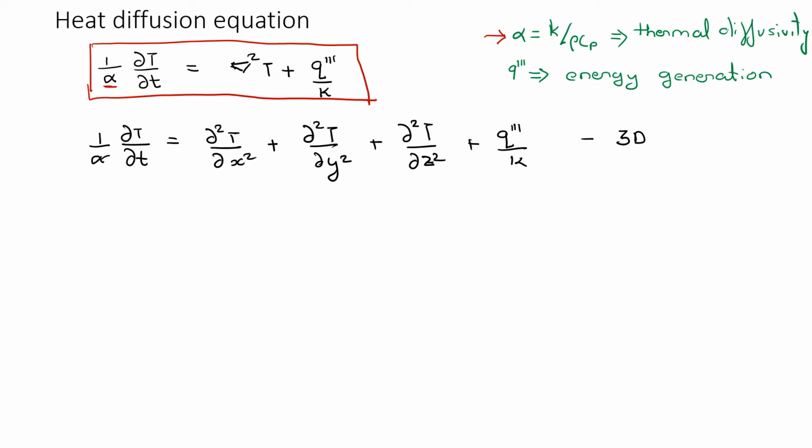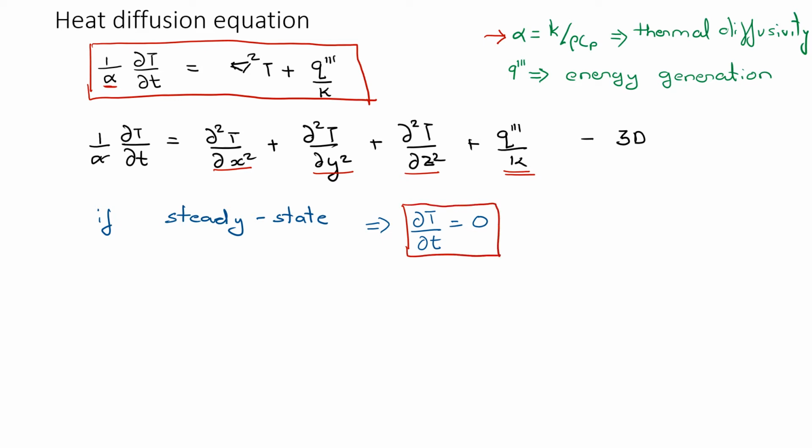On the right hand side, we have del square T by del x square plus del square T by del y square plus del square T by del z square plus the volumetric heat generation term. This is how the heat diffusion equation will look in 3 dimensions. But if a system is in steady state, that will mean that the temperature is not changing with respect to time.